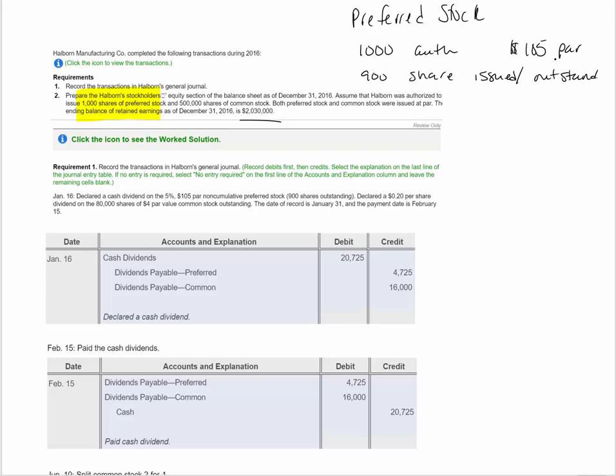When we issue a cash dividend, that does not affect the stock. That affects our cash, but that does not affect the amount of stock we have issued or outstanding.